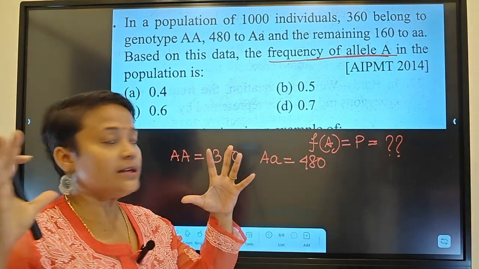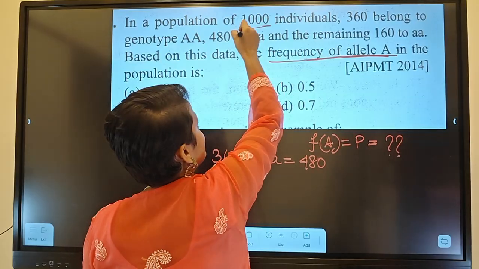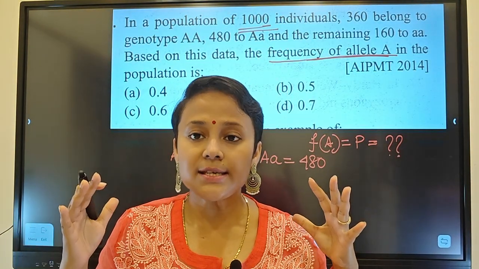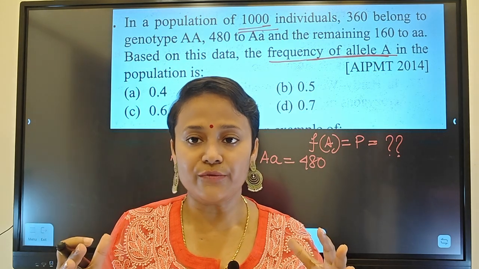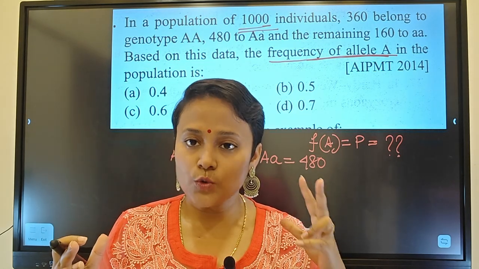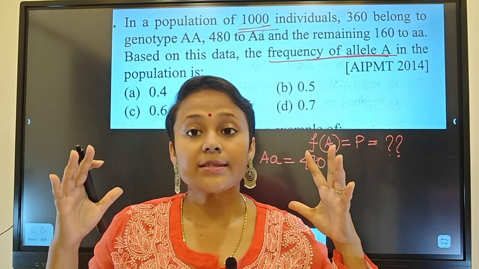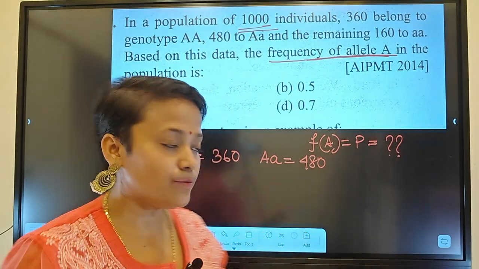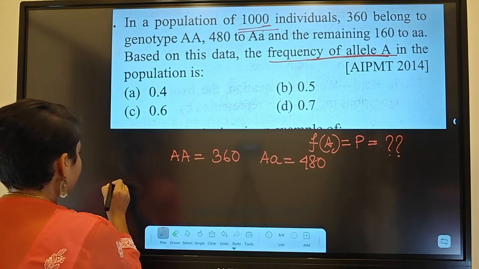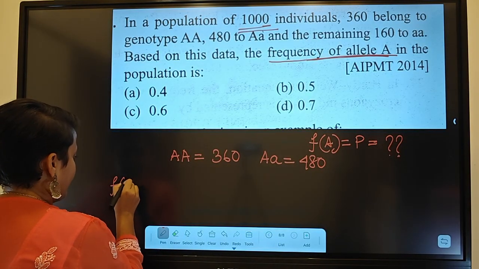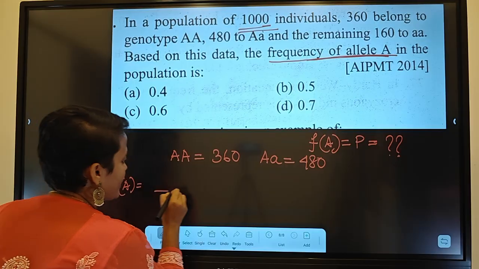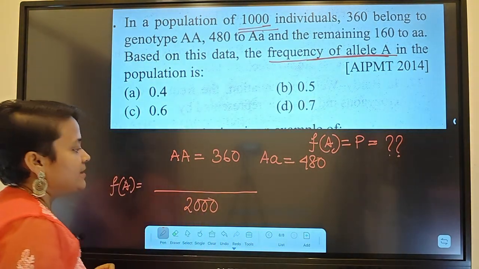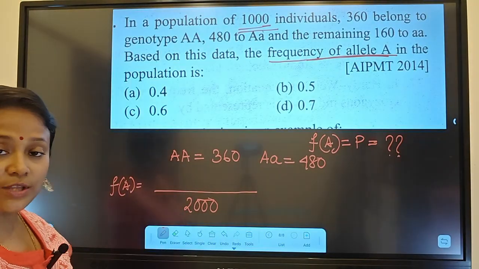Now think: in a population of 1,000 individuals, what is the total number of alleles? In each individual there will be 2 alleles, right? So in 1,000 individuals, how many alleles are there? 1,000 into 2, so the total number of alleles will be 2,000.